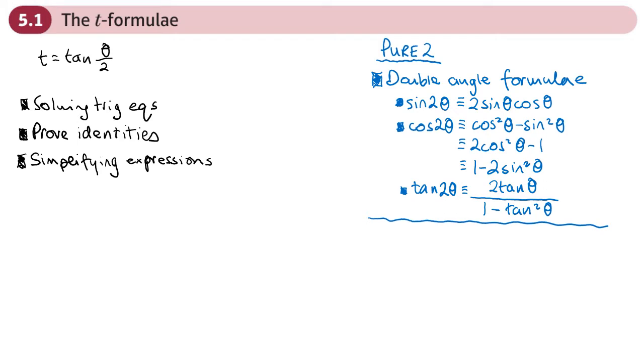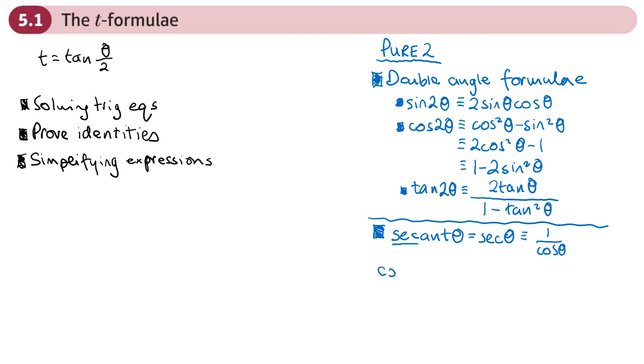You'll also need to know about the reciprocal trig functions. So you'll need to know about secant, which we abbreviate to sec theta, and the definition of that is that it's 1 over cos theta. You'll also need to know about cosecant, which we abbreviate to cosec.